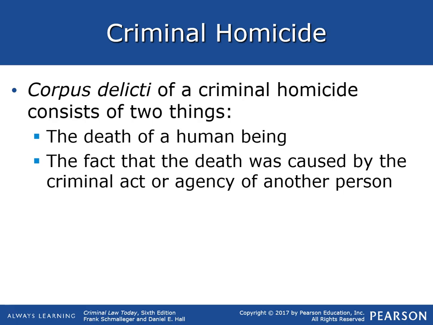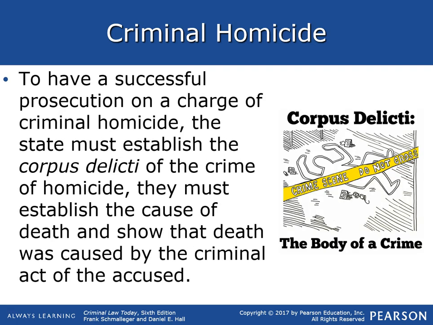And we could go back to chapter 3 where we had a detailed discussion about the concept of corpus delicti. But included within this definition is the requirement that the victim's death was the natural and probable consequence of another person's unlawful conduct.